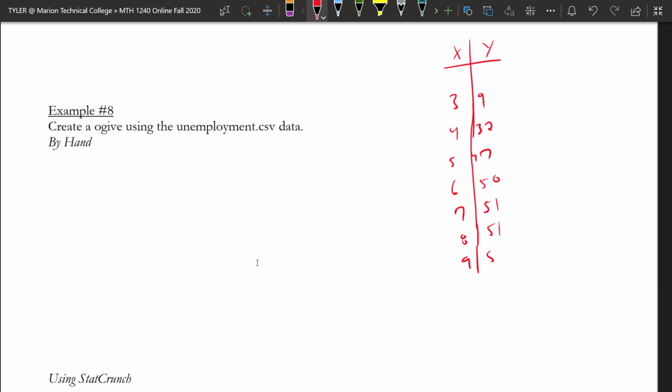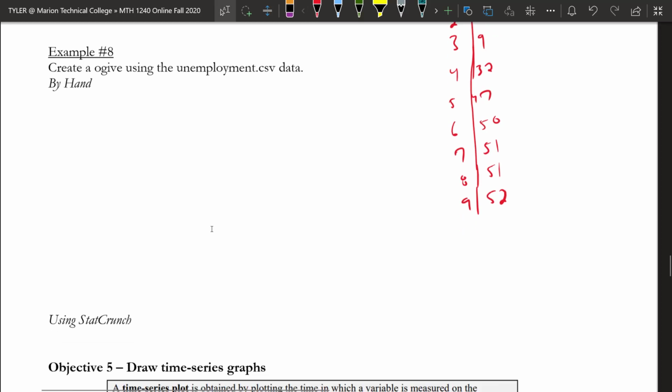And then 9, 52. And then don't forget, you pick what the ending value would be if there were a class before the 2 to 3, and that would be 2. Then you set that equal to 0 for the y coordinate, so that it's on the x-axis. So those were the directions that we had just read over.